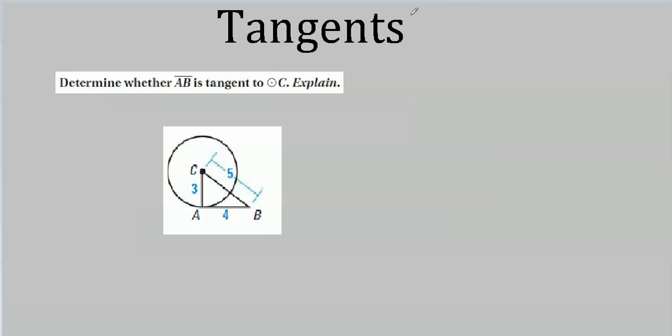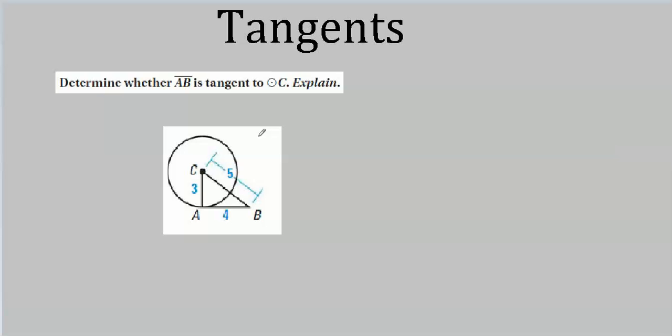This problem brings up an interesting point. I'm kind of stupid. I explained to you that the radius is always perpendicular to a tangent. I think I forgot to mention that it goes both ways. It's an if and only if. So, if you have a line which touches the circle at one point and is perpendicular to the radius, then you have a tangent.